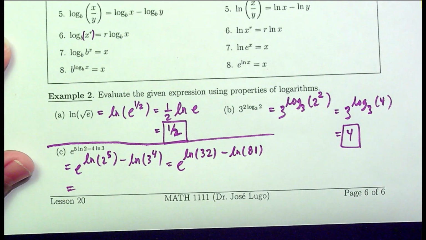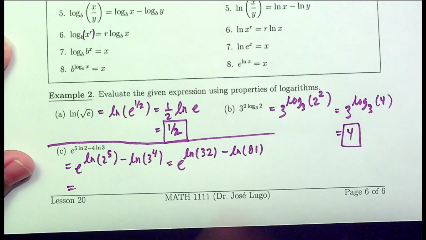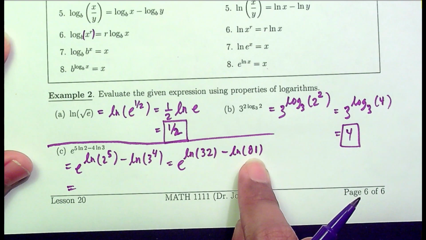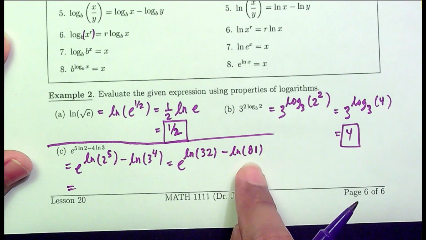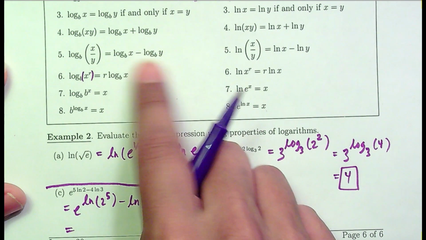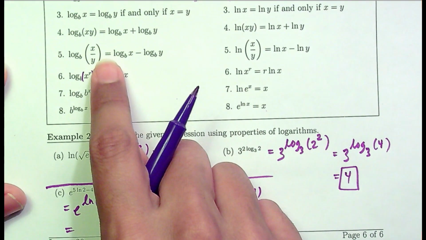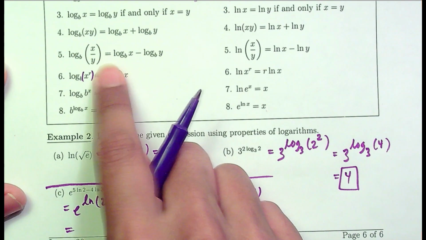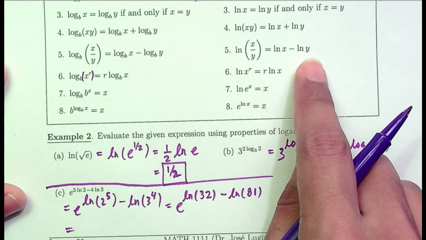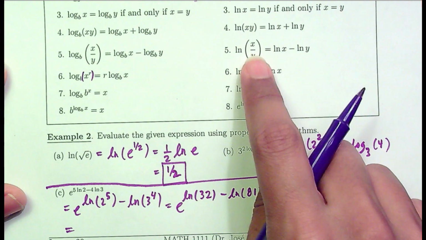Now there are two more things that we could do. These two logarithms that are right now separate, we can combine them into a single logarithm, because when you have two logarithms subtracted like that, that's a single logarithm of the quotient of the insides. So ln of x minus ln of y equals ln of x over y.